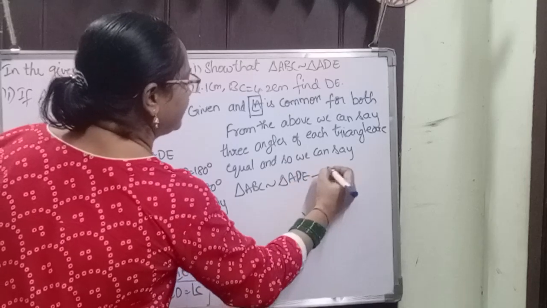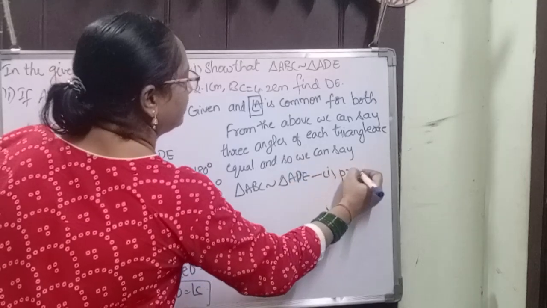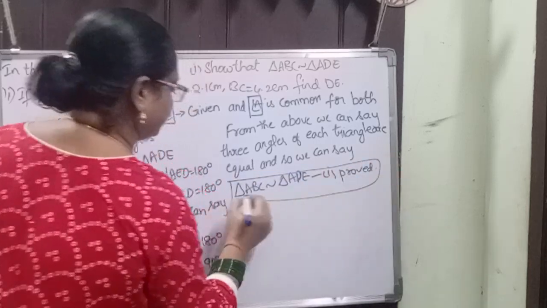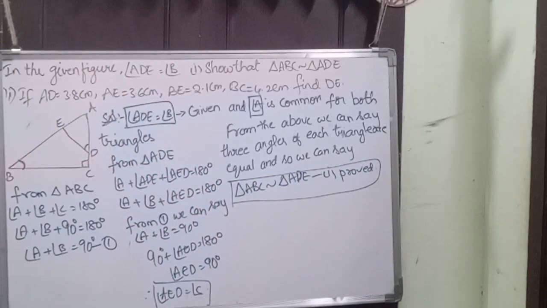So the first one is proved. Understood, ma? Here it is clearly specified that angle C is 90 degrees. Right?